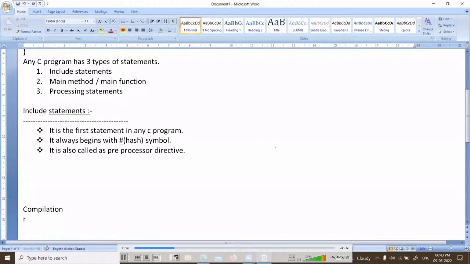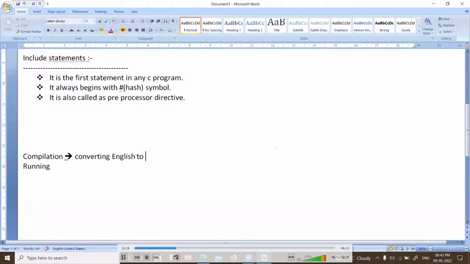So whatever program you write in English should be converted into machine-understandable form. That process is called compilation: converting high level language, English, to machine language, binary language.